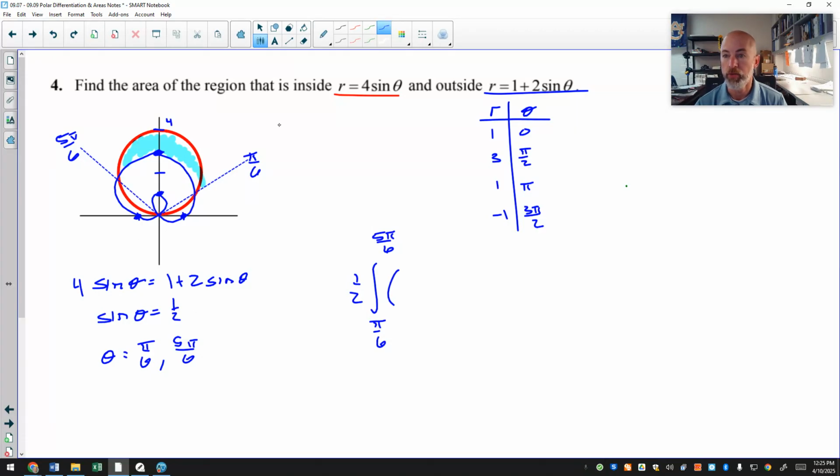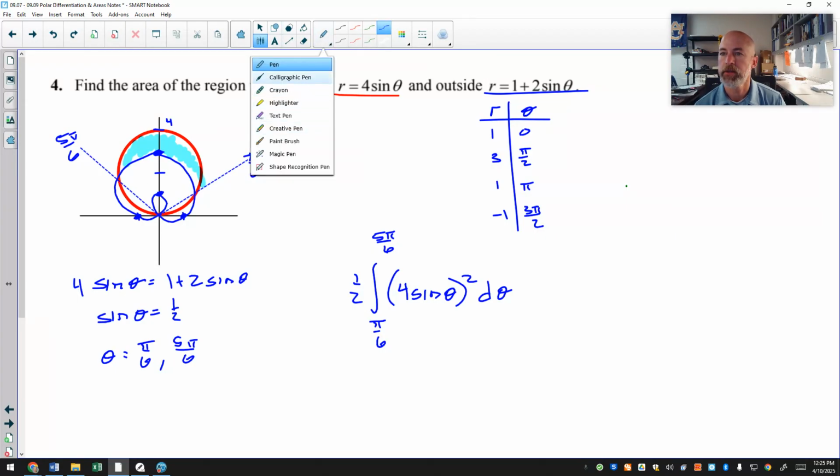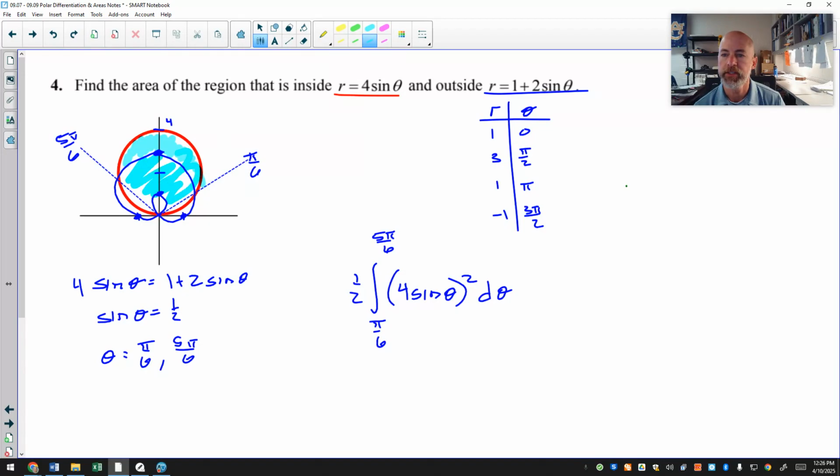So I'm getting the whole region inside the circle. So that's 4 sine theta, all squared. And like I said, that gets me all of this.